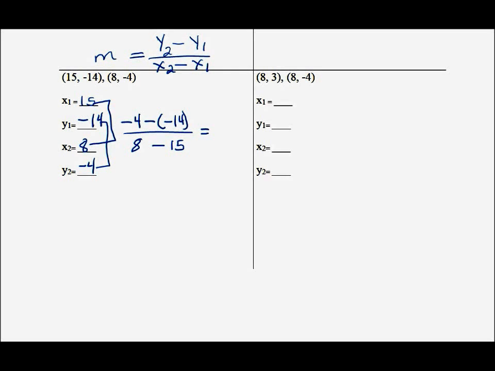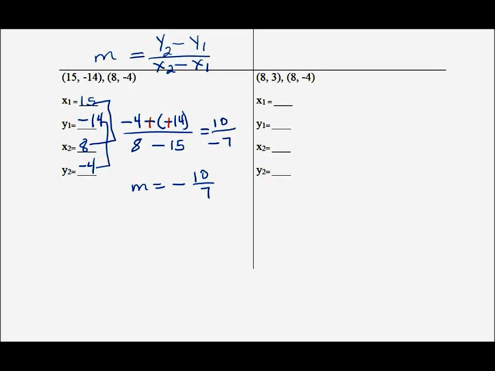For my numerator, negative 4 minus a negative 14, remember that back-to-back negatives turn to positive, so that's negative 4 plus 14, which will give you 10. For your denominator, you should have had 8 minus 15, which is negative 7. So your slope for this one is negative 10 over 7.